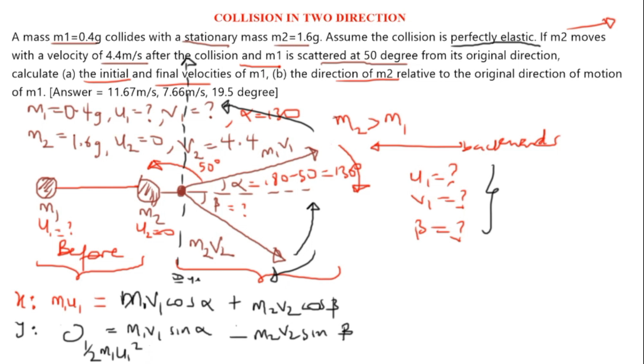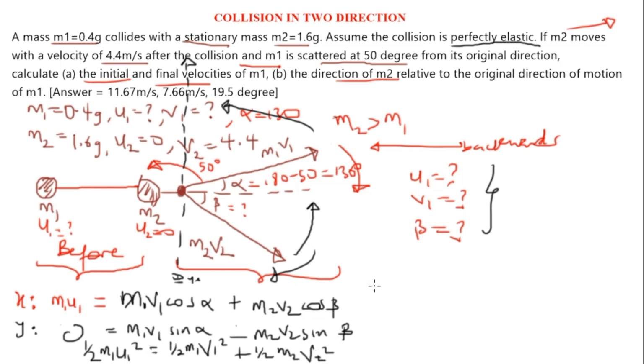Then I'll have equal to, for the second body, don't forget that kinetic energy is a scalar quantity. It has nothing to do with the direction. So I'll just go ahead and write half m1 v1 squared plus half m2 v2 squared.